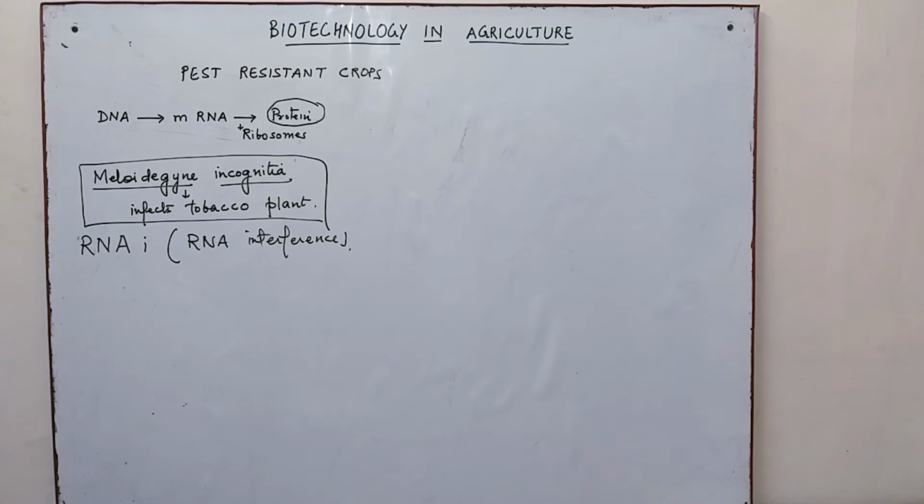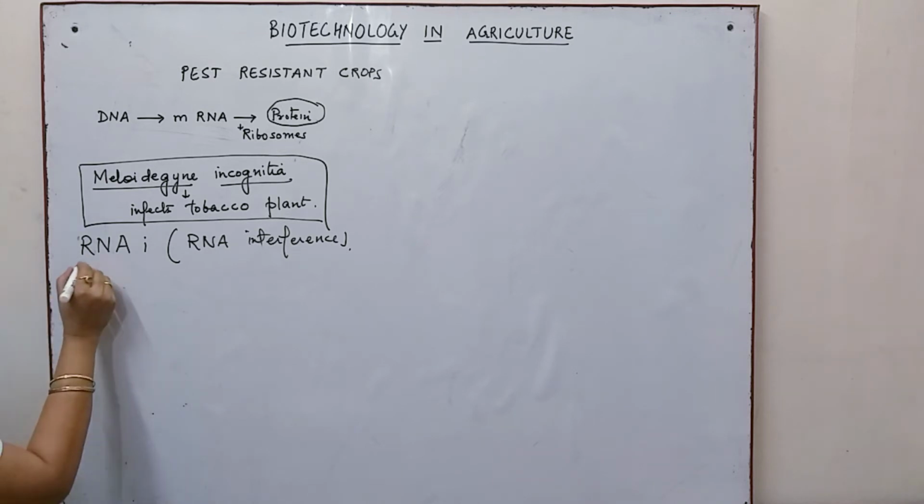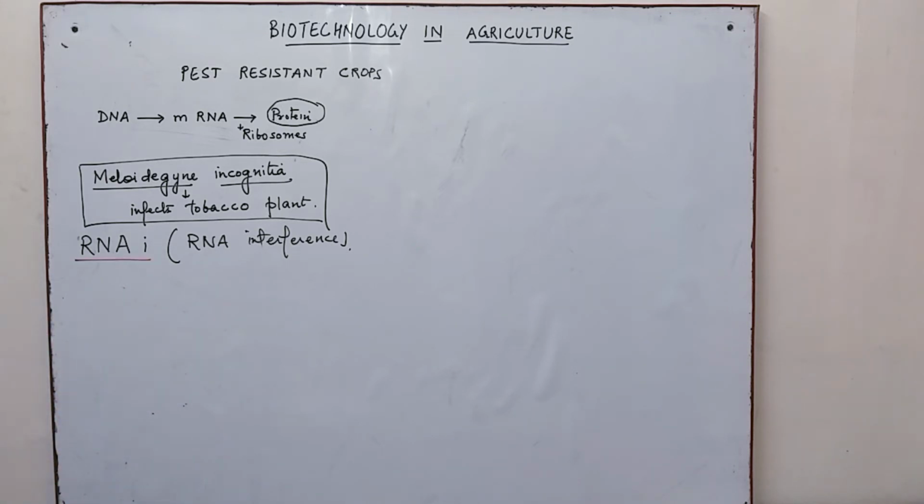RNAi is a biological process. It is found in all organisms, and it inhibits gene expression by neutralizing specific mRNA molecules.